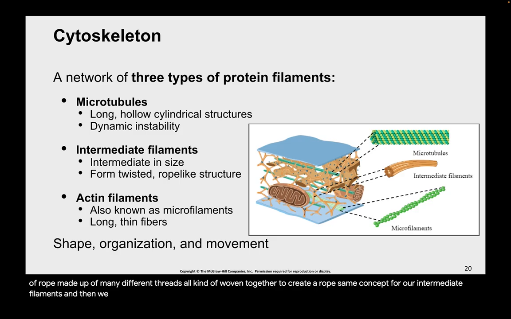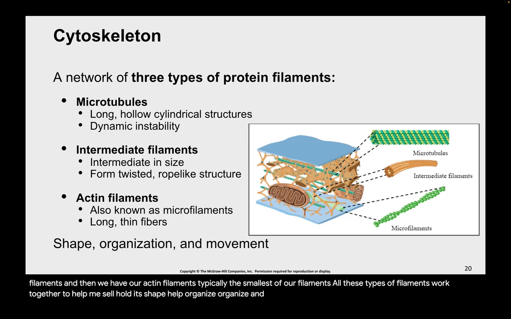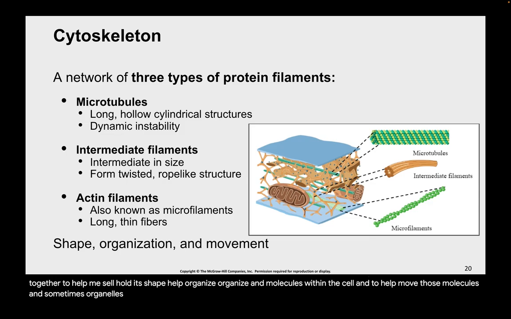And then we have our actin filaments, typically the smallest of our filaments. Right? They're also known as microfilaments. All these types of filaments work together to help the cell hold its shape, to help organize the organelles and molecules within the cell, and to help move those molecules and sometimes organelles within the cell.